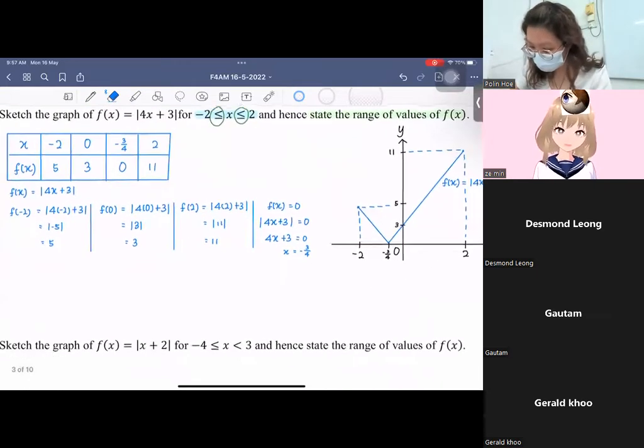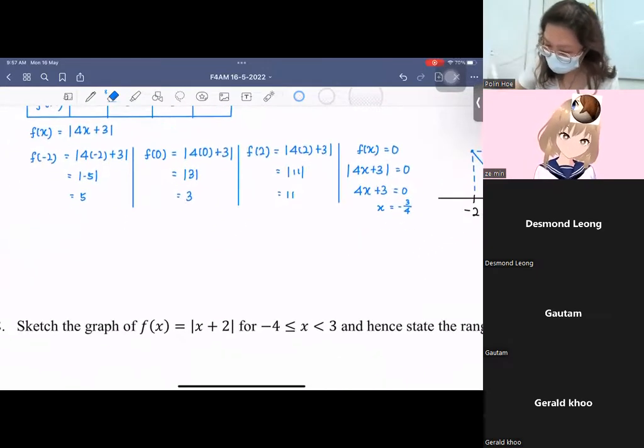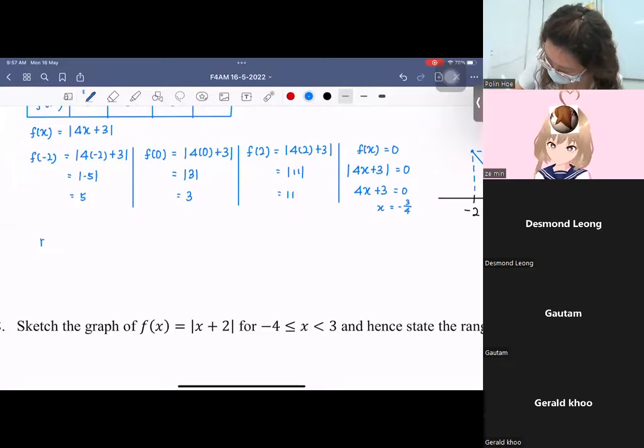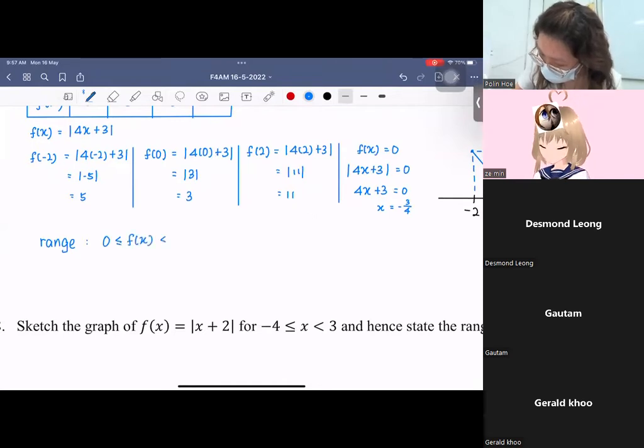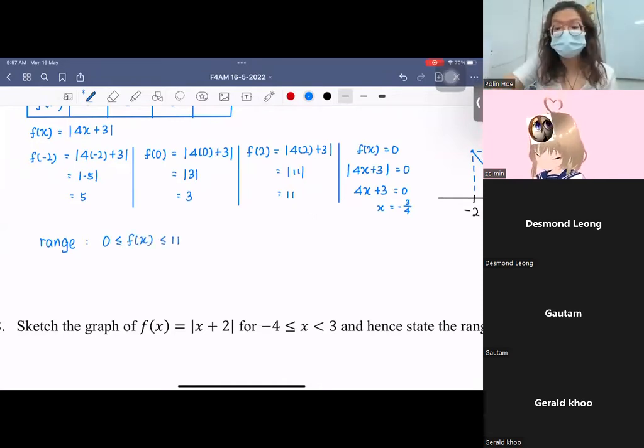So finally, you have to remember to answer that. Don't be like Poland. The range will be between 0 and f(x) and 11.